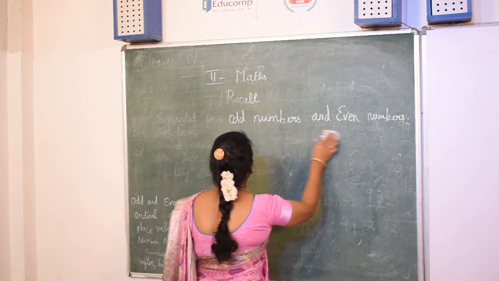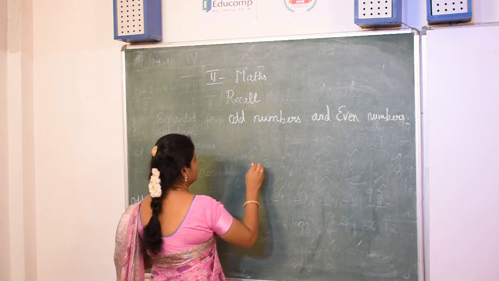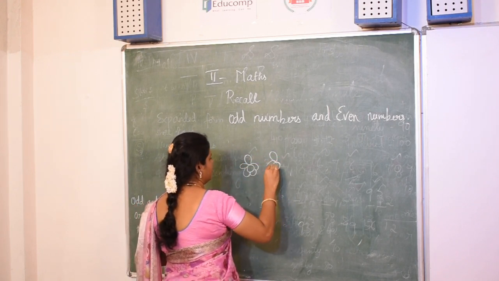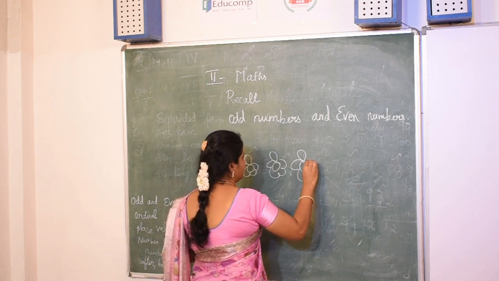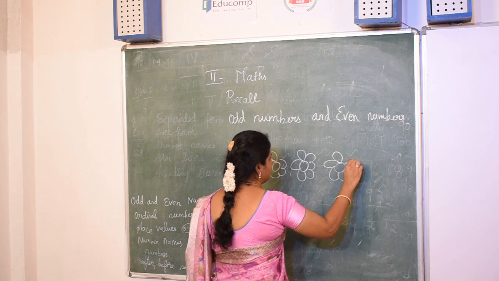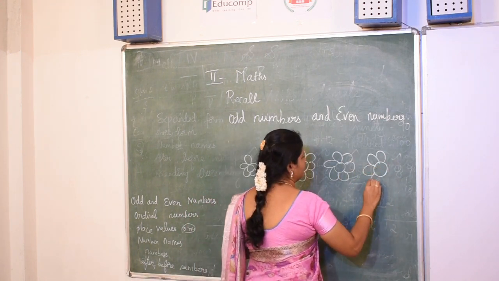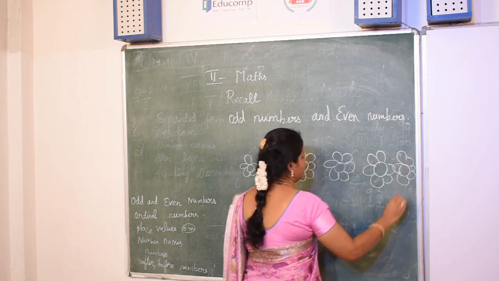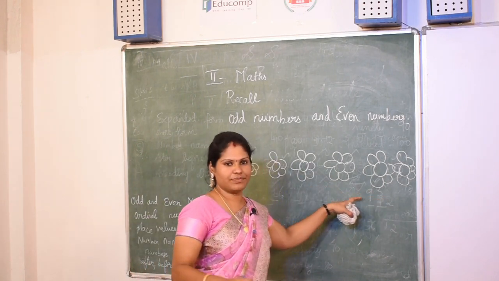Now I am going to show an example. I have drawn 1 2 3 4 5, just 6 flowers here.